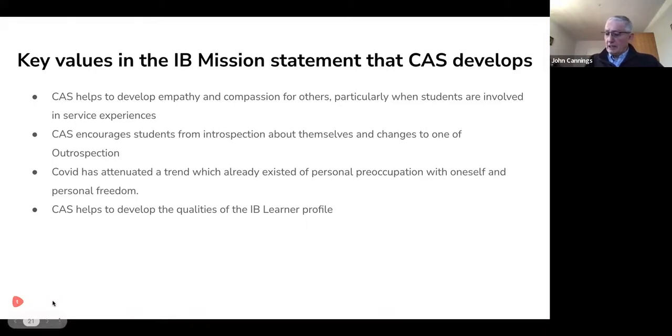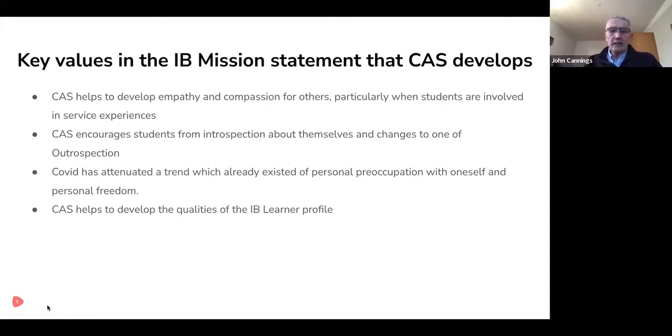And I think that particularly what's happened in the time of COVID is that, in a sense, we've become, again, perhaps a little bit introspective, and we need to move towards outrospection. And I think CAS can help the students to do that. And I think one of the important things that CAS can do is also help to develop the qualities of the IB learner profile.